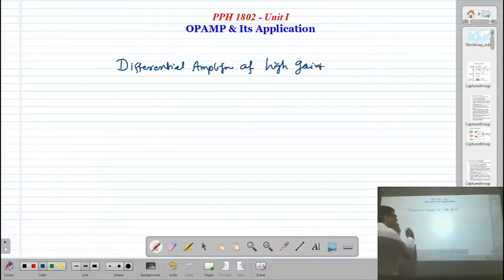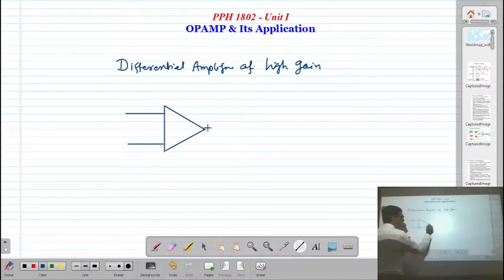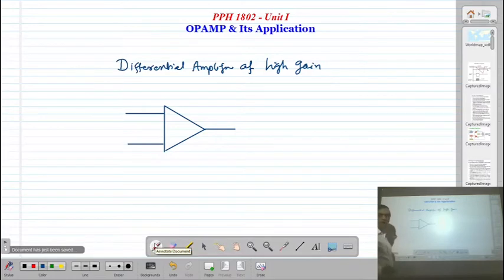Here it is a differential amplifier, means it has more than one input. Remember, if we see, it has two inputs and one output.